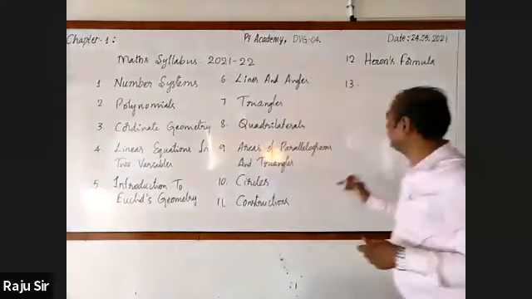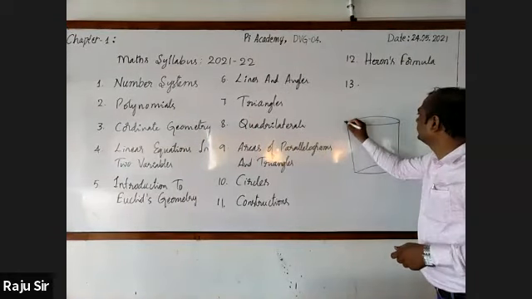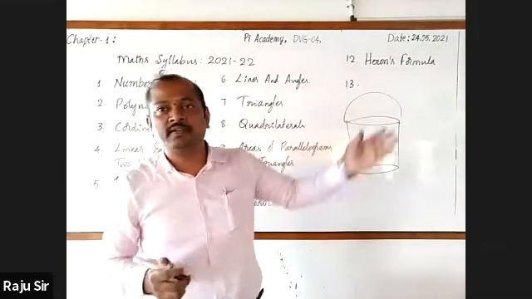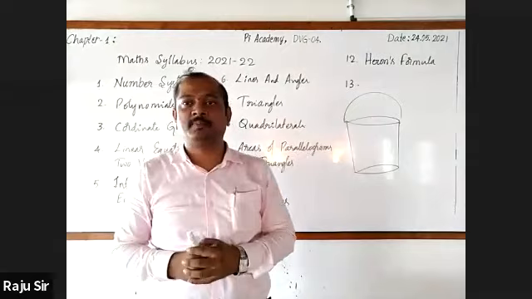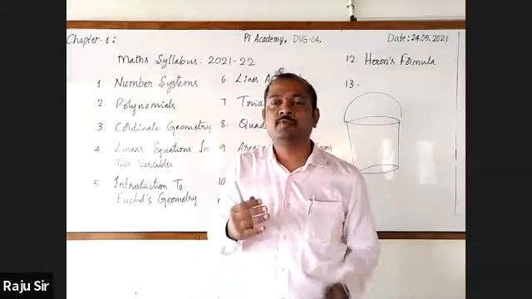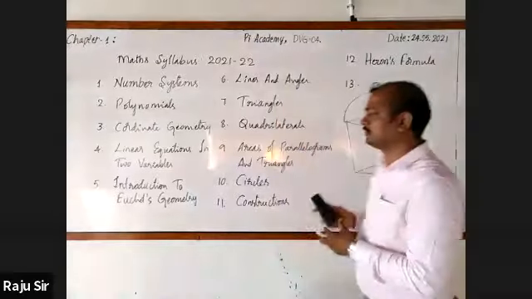But usually the bucket will be in this shape, is it not? What is the geometrical name given for this shape, which you have learned in 8th standard? It is the frustum of a cone. Trapezium is a plane figure. Dear students, we will discuss these solids in the chapter called surface areas and volumes.